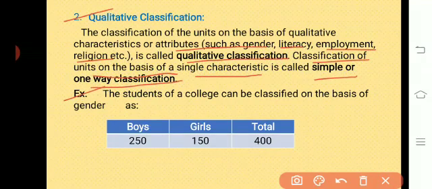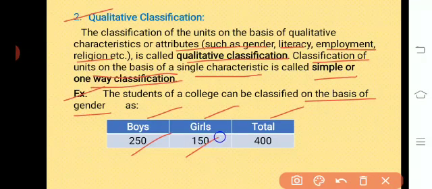For example, the students of a college can be classified on the basis of gender as boys, girls, and total. There are 250 boys, 150 girls out of 400 total strength of a college. Any example of this type you can write for qualitative classification. That means the characteristic which is not numerically measurable.